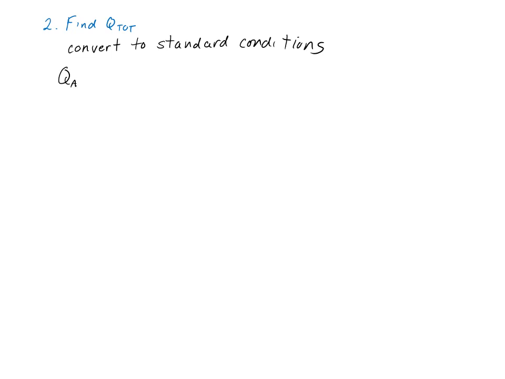We can do this directly by starting with Q_A in actual conditions, which was 3,000 cubic feet per minute. Then we multiply by the actual pressure, which was 16 psi, divided by standard pressure, which is 14.7 psi. And then we multiply by standard temperature.